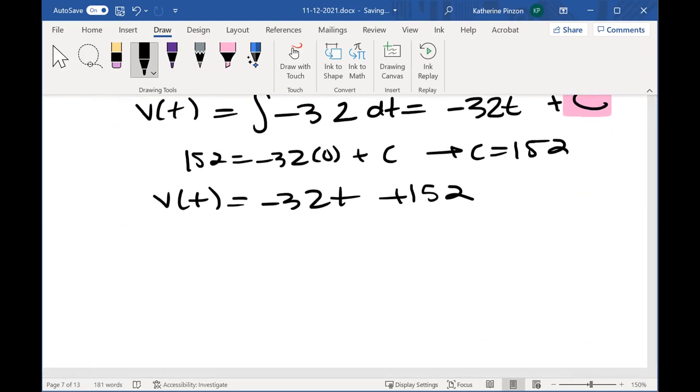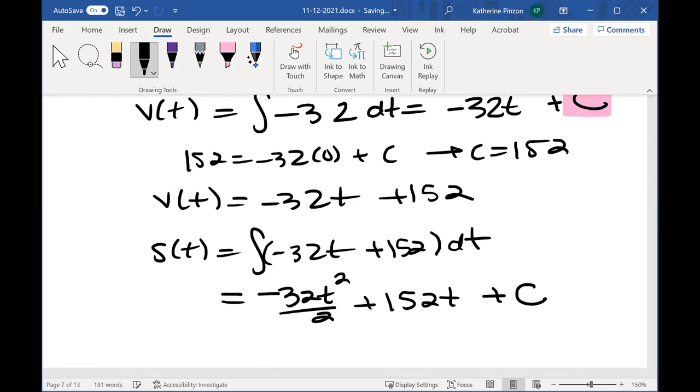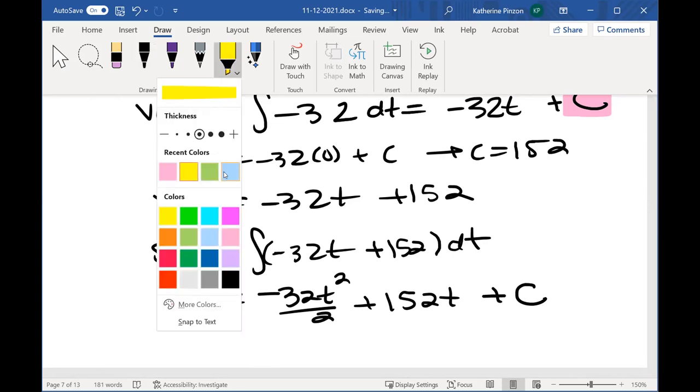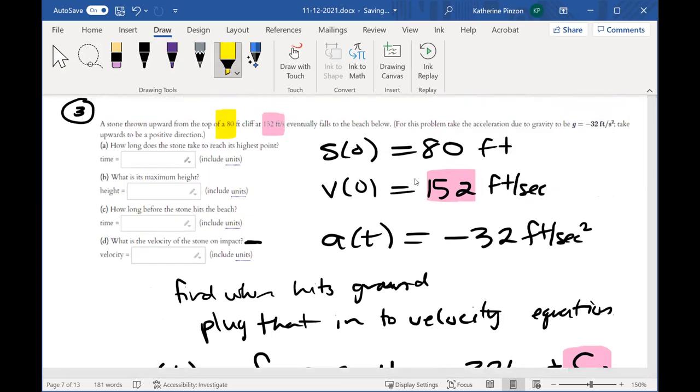Position is the antiderivative of velocity. Negative 32 t squared over 2 plus 152t plus c. I have to do another c. The position initially is 80.